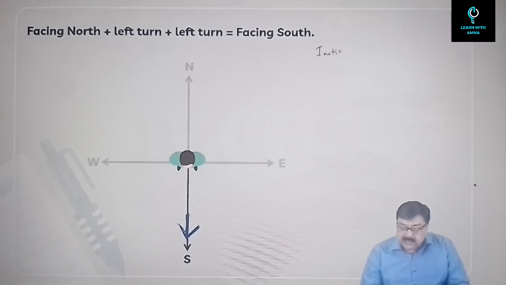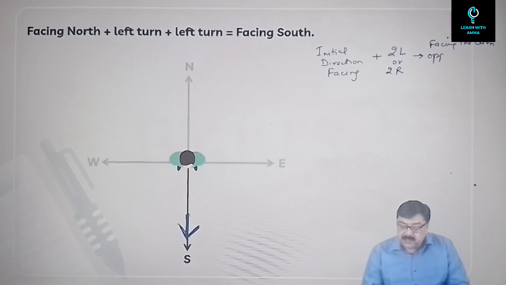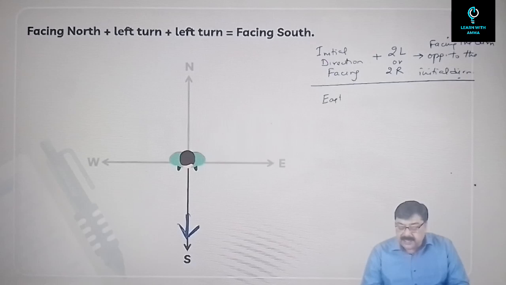So from the initial direction, if a person takes 2 left turns or 2 right turns, he would be facing the direction opposite to the initial direction. Let us say a person is initially facing east, then he turns towards right and once again turns towards right.